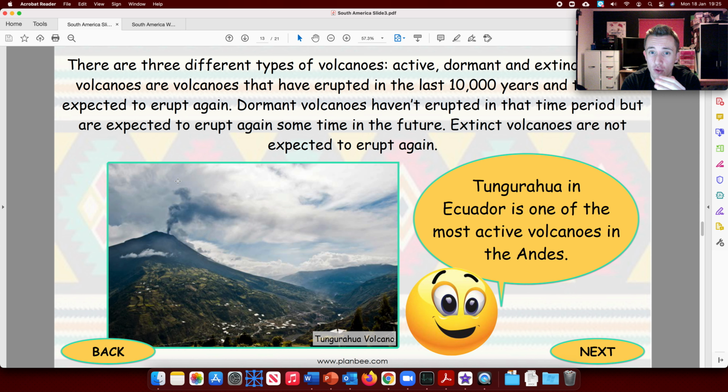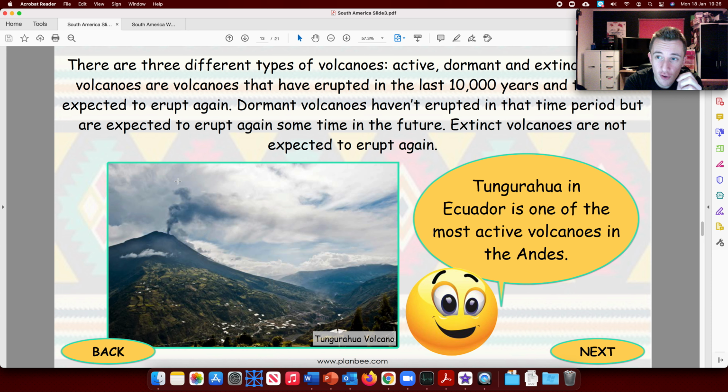Dormant volcanoes haven't erupted in that time period. So the last time they erupted was over 10,000 years ago. But they are expected to erupt again at some point soon. So it might be they erupted 20,000 years ago, and maybe they erupt every 20,000 years, roughly. Extinct volcanoes are not expected to erupt again.